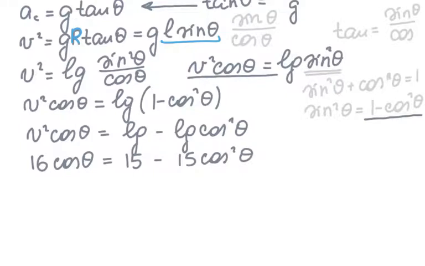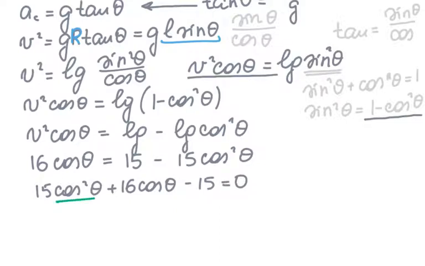Let's move all of them to one side. So what I have is 15 cosine squared theta plus 16 cosine theta minus 15 is equal to 0. And I want you to look at what this looks like. If I replace cosine with x, I get 15x squared plus 16x minus 15 is equal to 0.